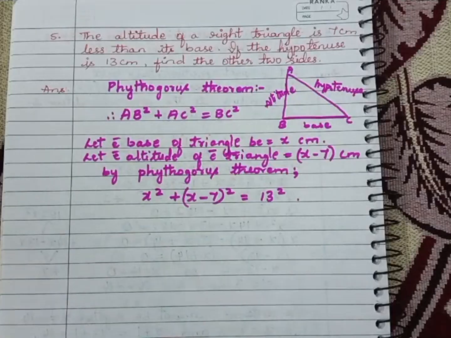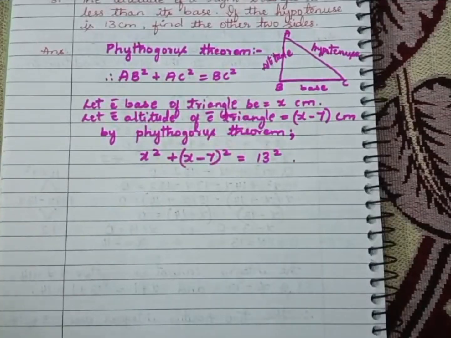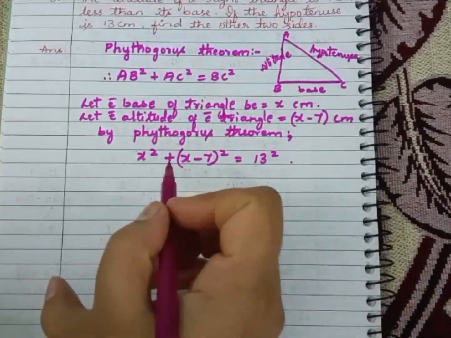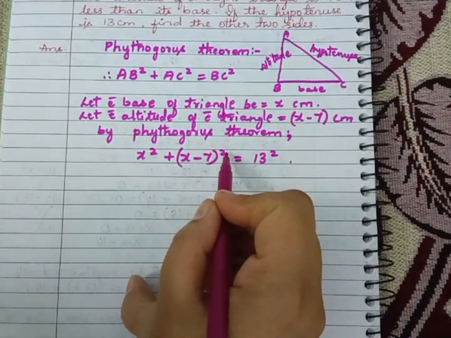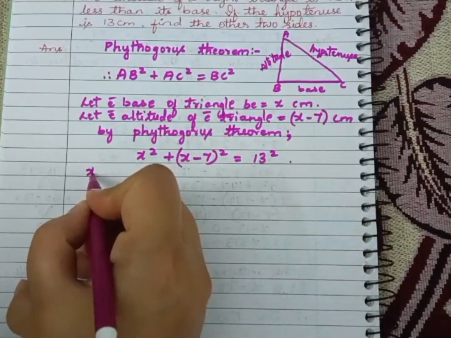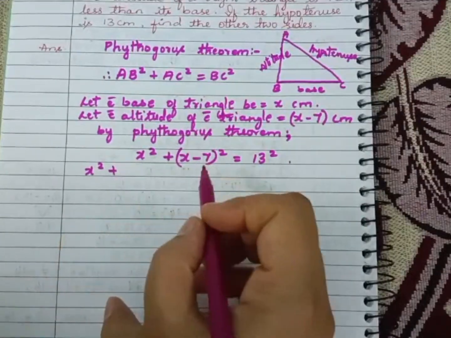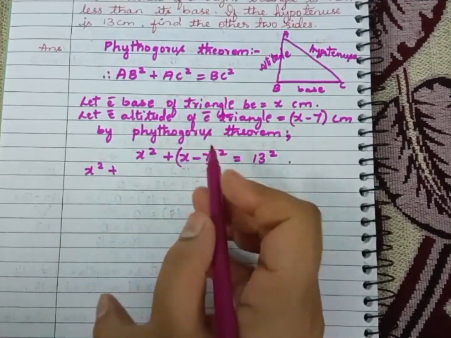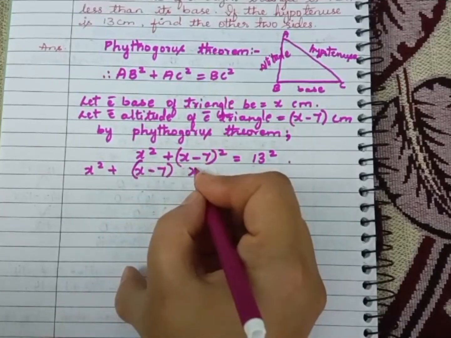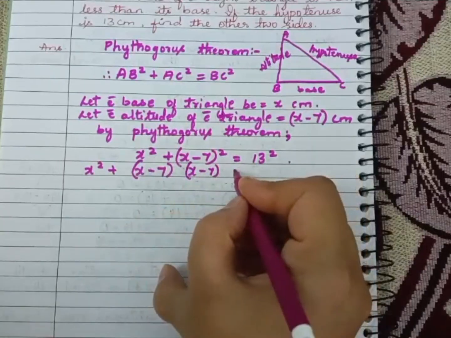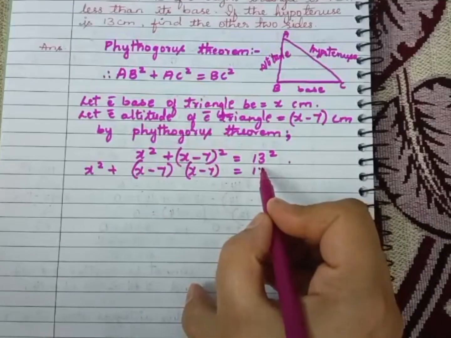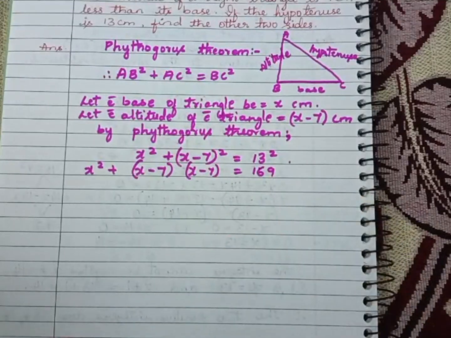Here it is x square plus x minus 7 whole square is equal to 13 square. Now this I'm going to do as x minus 7 into x minus 7 is equal to 13 square, which is 13 into 13 is 169.